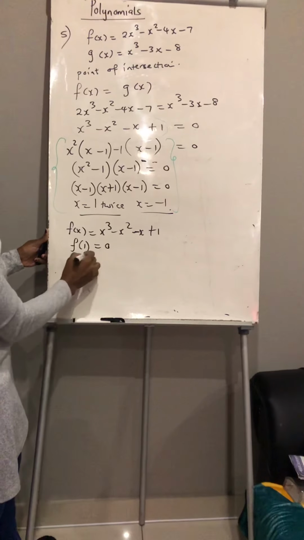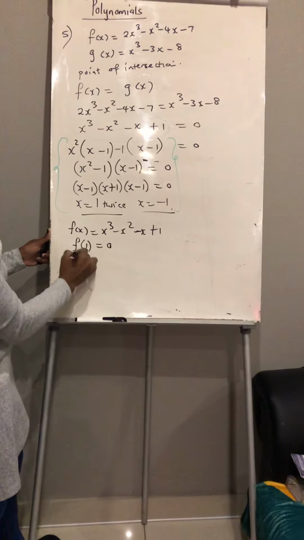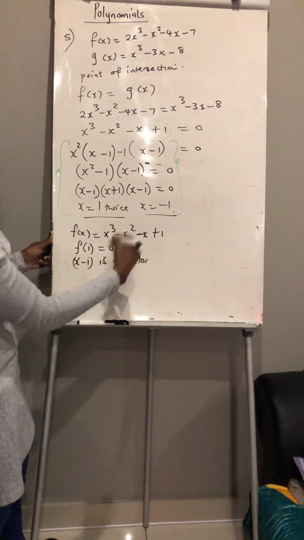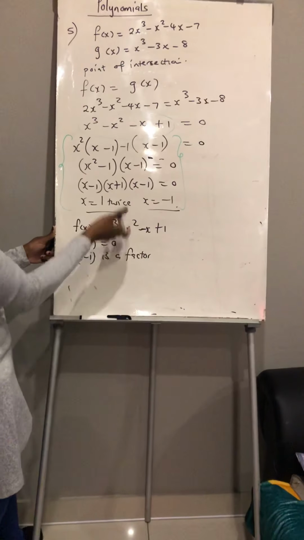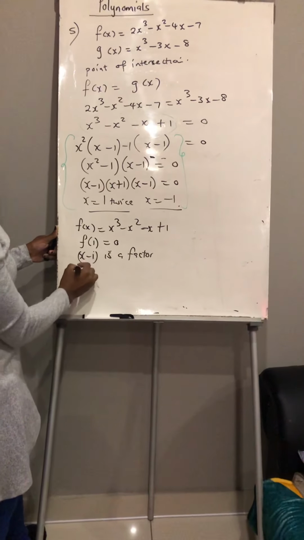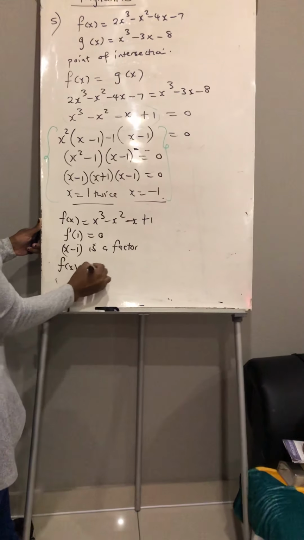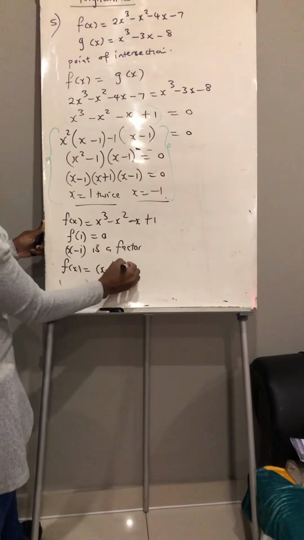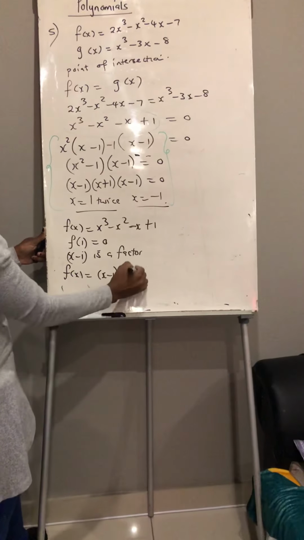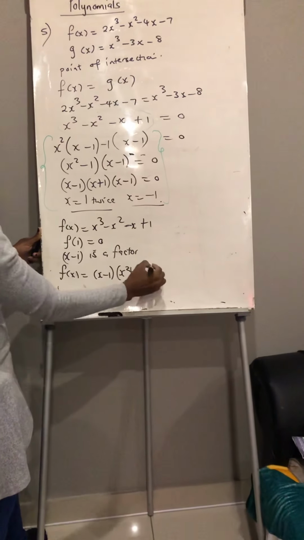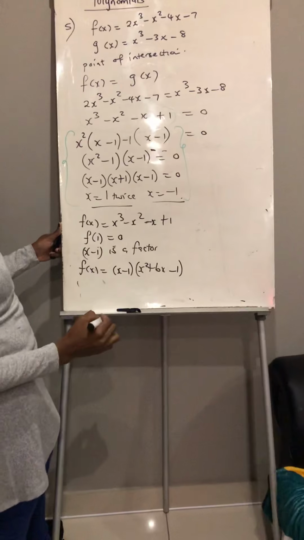So since function of 1 is 0, it means x minus 1 is a factor. This is what you would do normally after you learn polynomials. This is most probably the way your brain will function. So function of x will now be x minus 1. And then you put x squared here. You'll be x in the middle. And then to get 1, you should have minus 1 here.